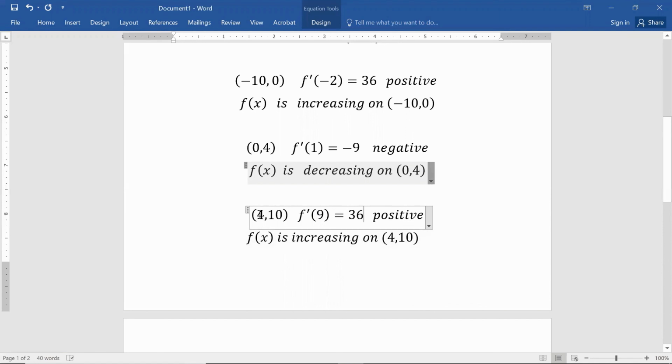No matter what you plug in between 4 and 10, we're getting a positive number. Notice we don't plug in 4, obviously, and you don't want to plug in 10, but any number between 4 and 10, you get a positive output, and therefore you know your function is increasing along that interval.